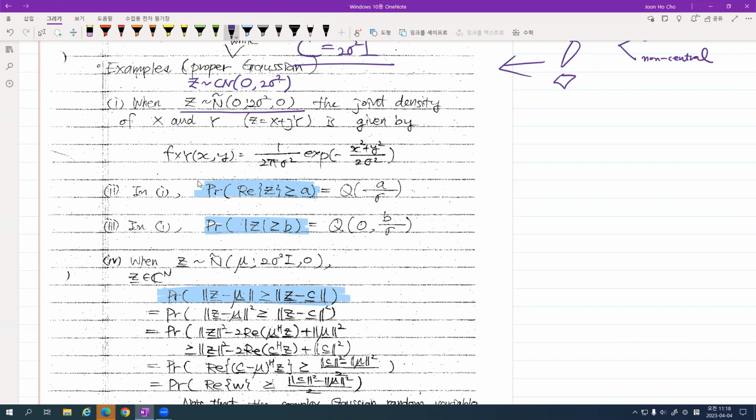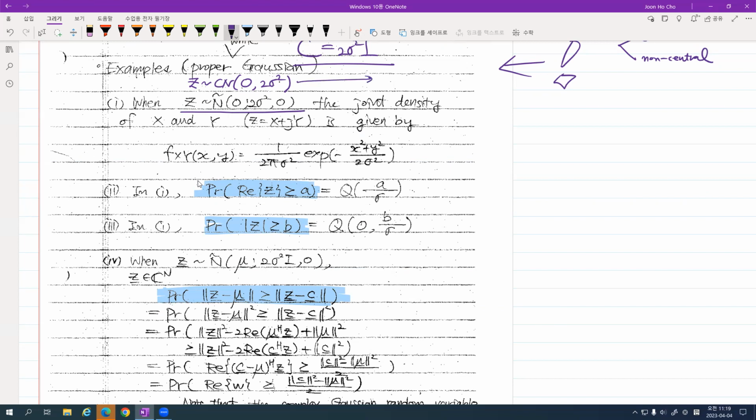Here, the calligraphic letter Cn is quite often used to mean proper complex Gaussian. As I told you, the complex Gaussian random variable can be proper or improper, but usually complex normal means it's proper. So I really hate that, but anyway.